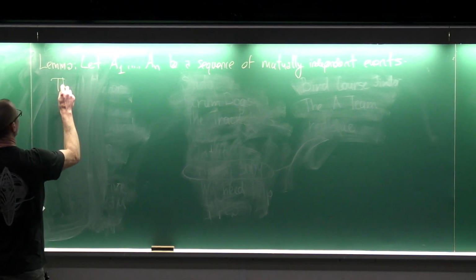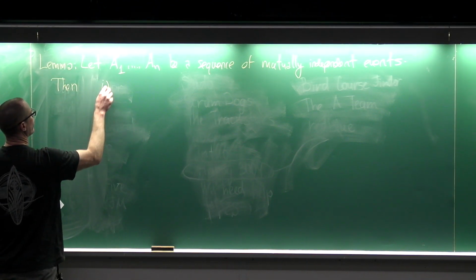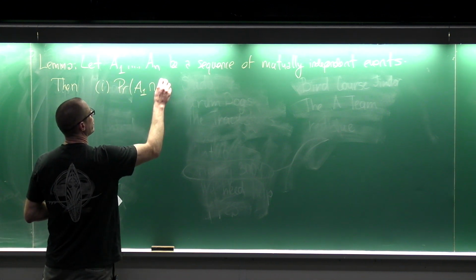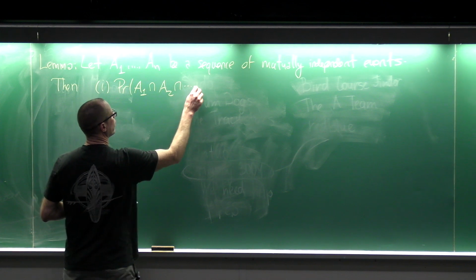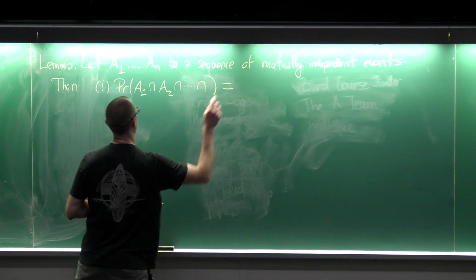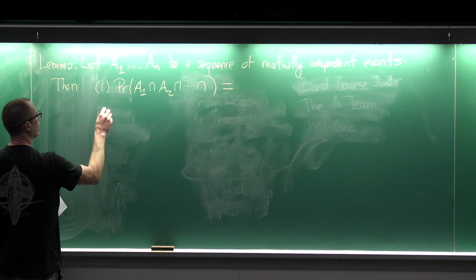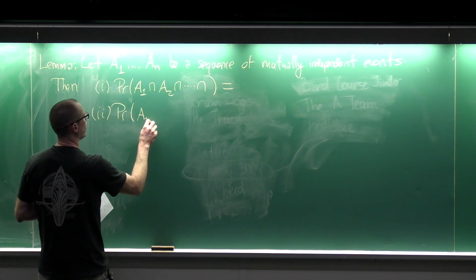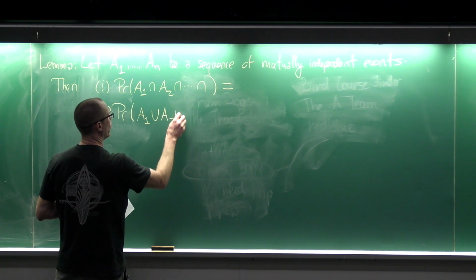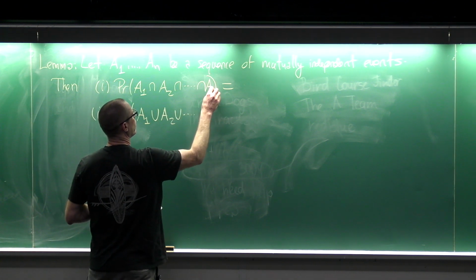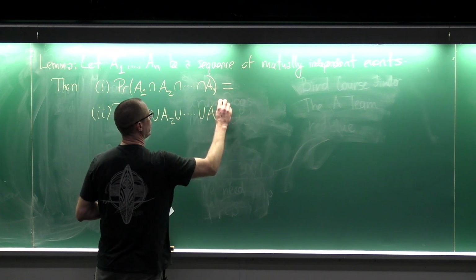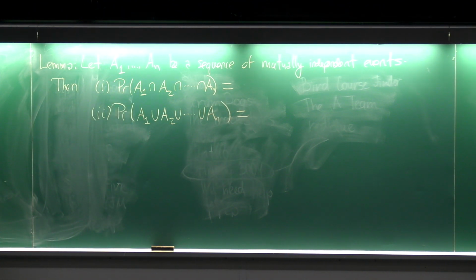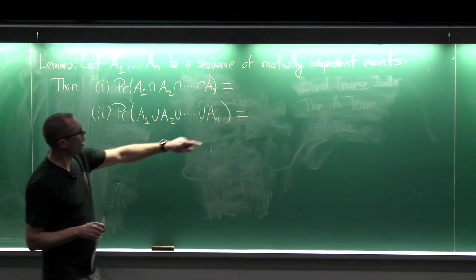Then the probability of A1 and A2 and so on equals something. Also, the probability of A1 or A2 or so on up to An equals something else. So what goes on the right-hand sides here?